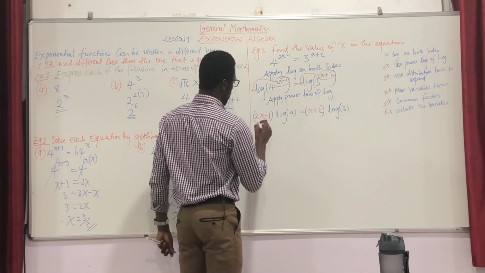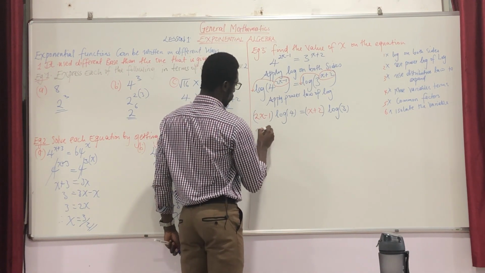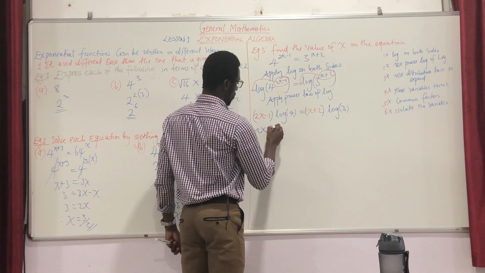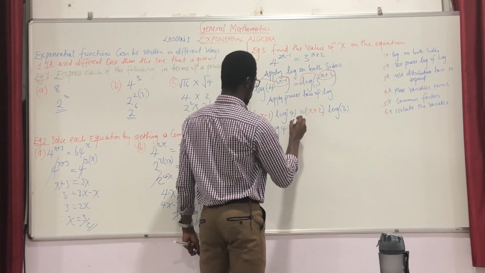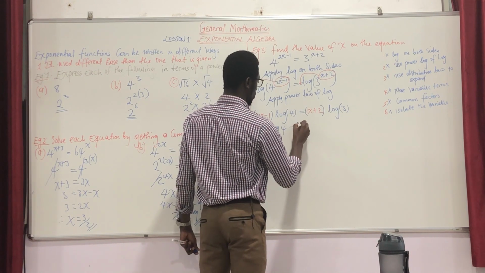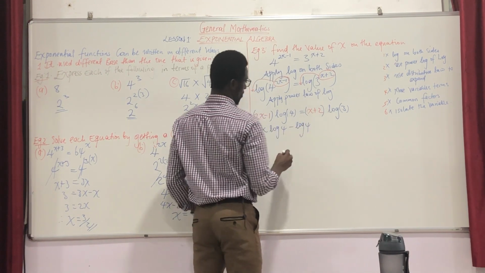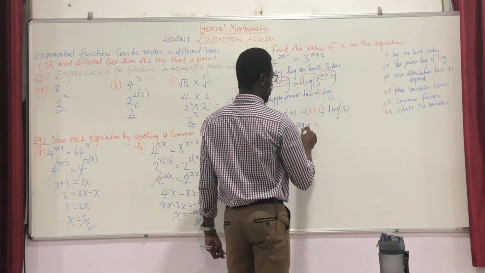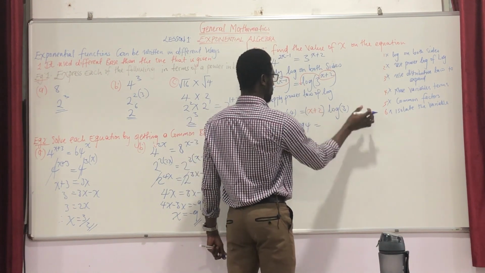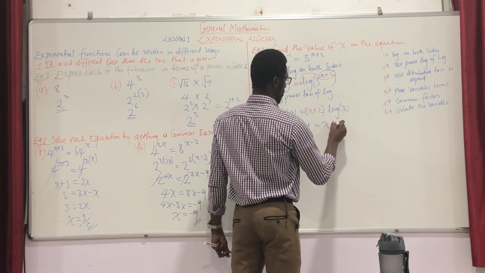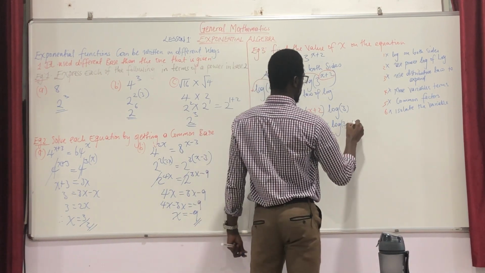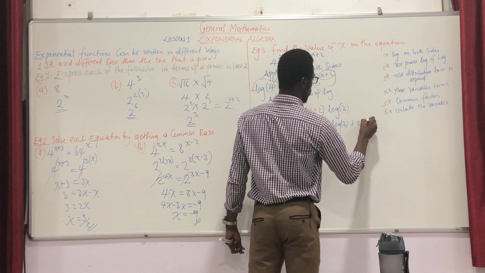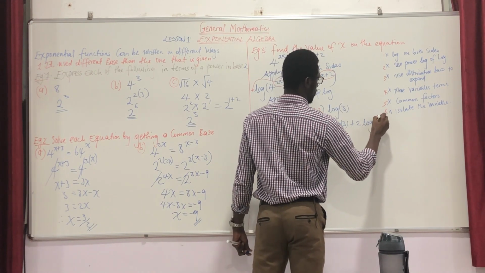So now we can say 2x log 4 minus log 4, must be equals to this. Again we multiply x log 3 plus 2 log of 3.